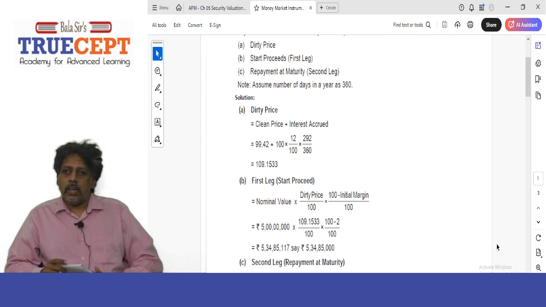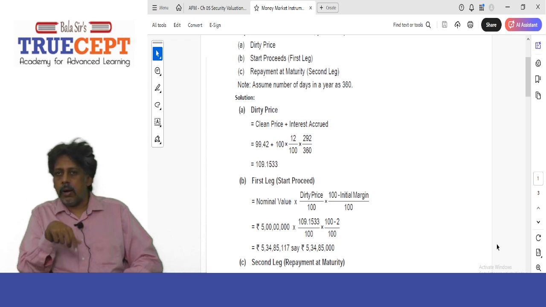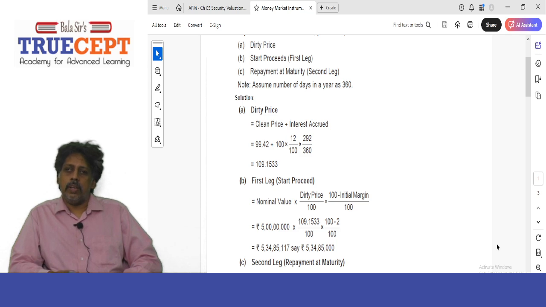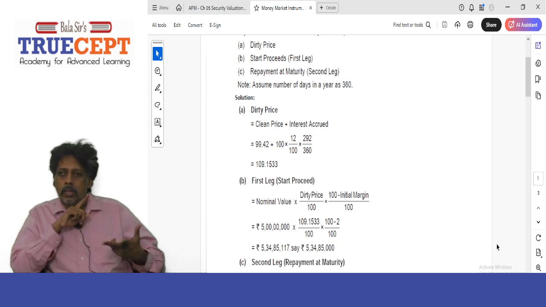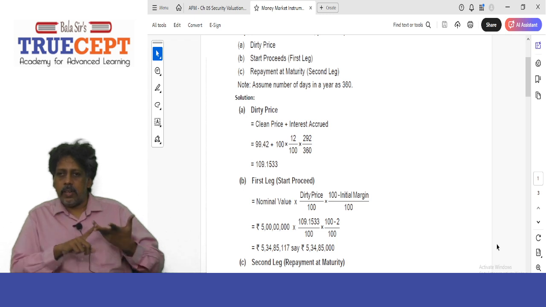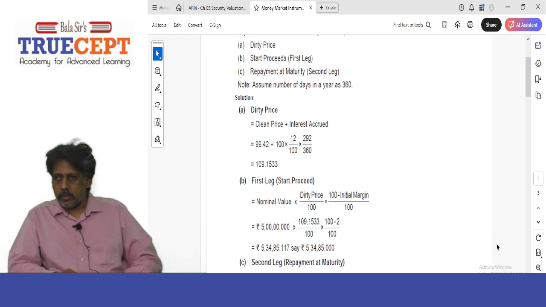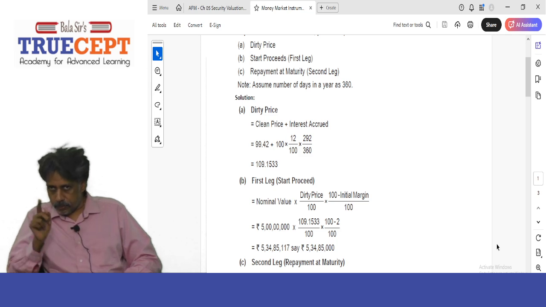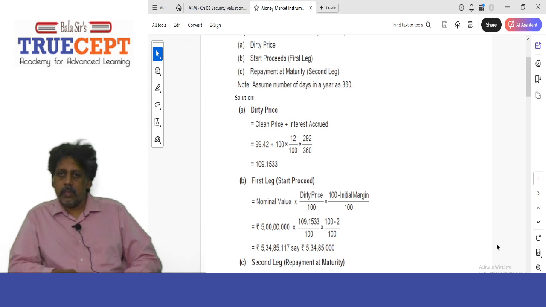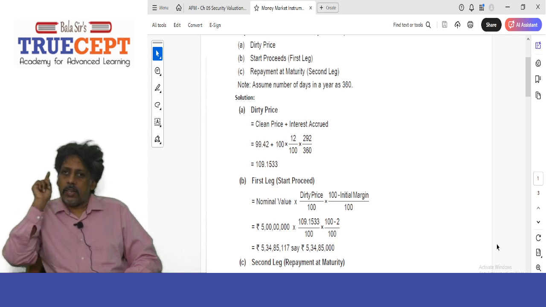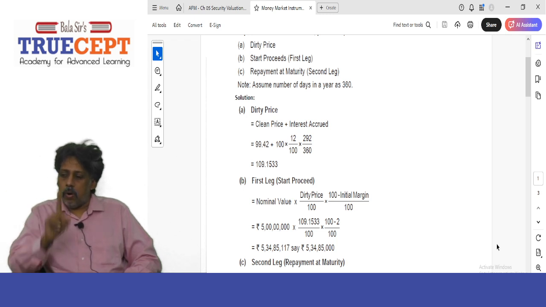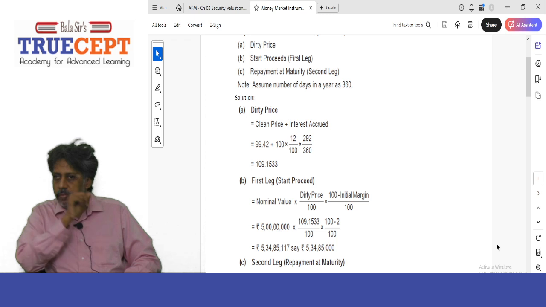So how to find the dirty price or the market value of these investments, including income accrued on the asset? Very simple. Just see the calculation. You take the clean price rupees 99.42, plus rupees 100 face value, and on that 12% is the rate of interest on these government bonds. You all know this, interest income is always calculated on the face value of a bond.